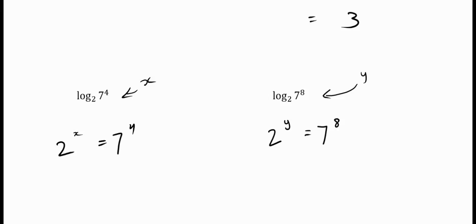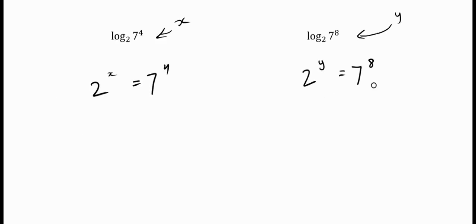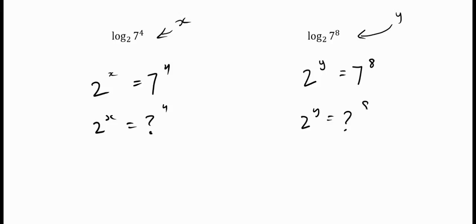So 2 to the something, all to the 4, and 2 to the something, all to the 8. But that 2 to the something is the same in both cases. Okay? Again, if you write this down, it won't make much sense if you look at it after, but x equals something to the 4, where that's like 2 to the something, and something to the 8.